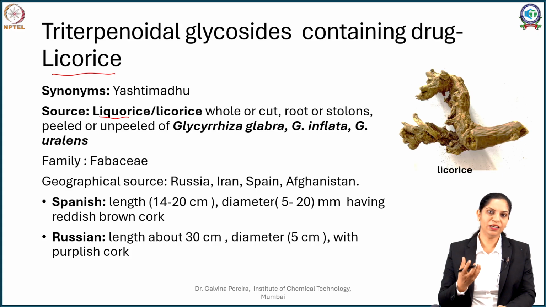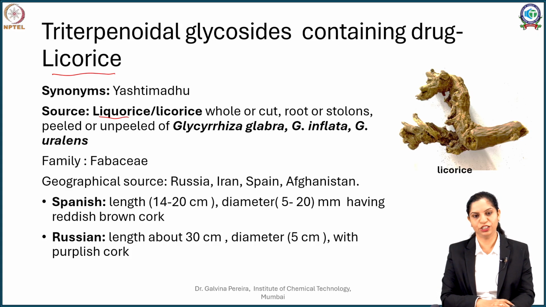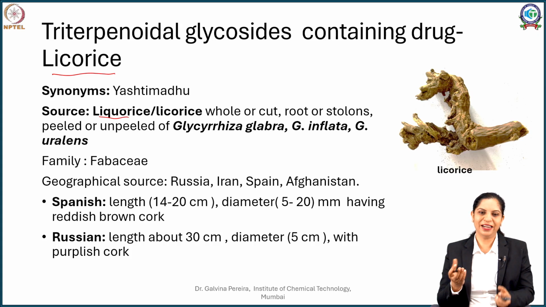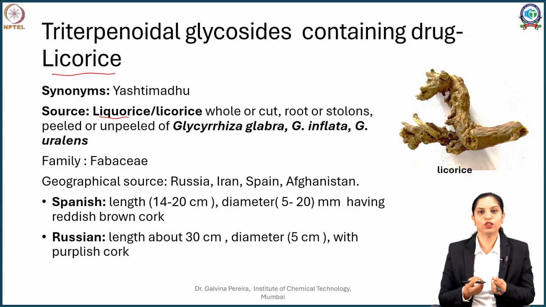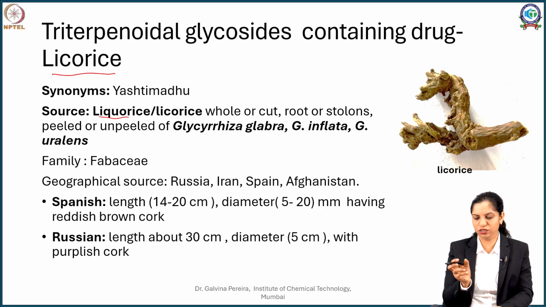Now the main licorice of commerce are the Spanish and the Russian ones. If you look at Spanish, they are a little shorter or smaller, with a length of about 14 to 20 centimeters and a diameter of about 5 millimeters, up to 20 millimeters, like 2 centimeters max, with a reddish brown cork.